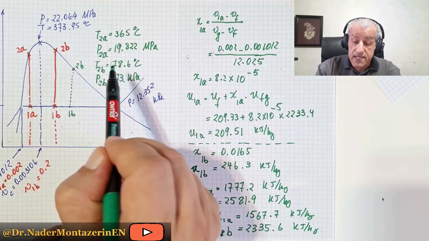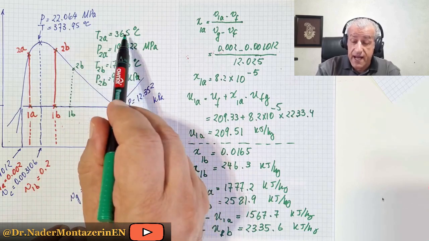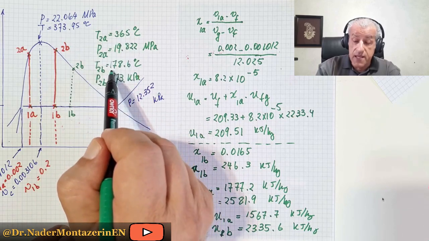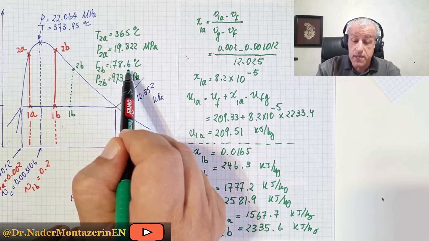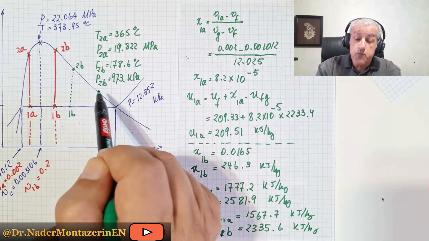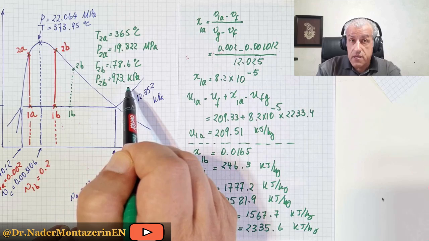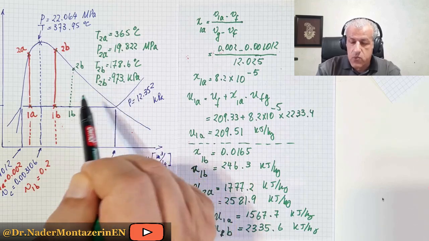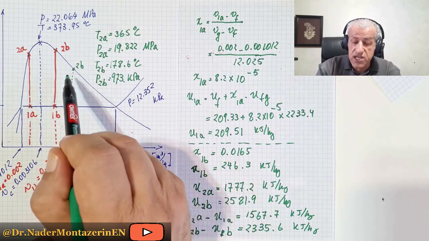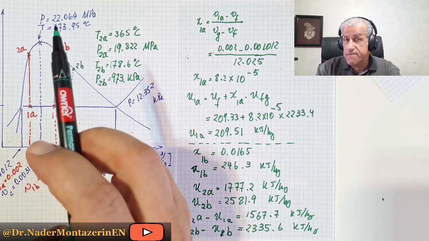In this case, we haven't increased temperature as much as the previous one. The temperature has only increased 178 degrees. The pressure has only increased up to 1 megapascal. So what has happened? Why is the change of energy here far more than the change of energy here?